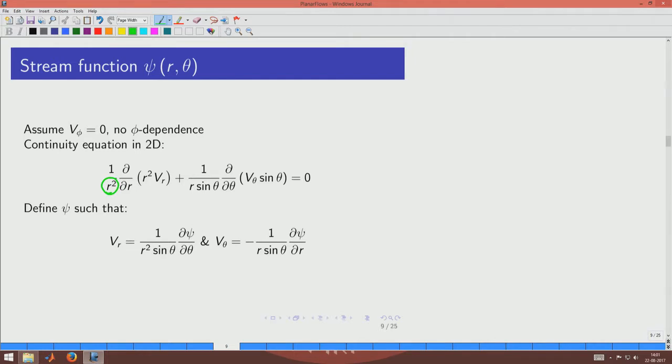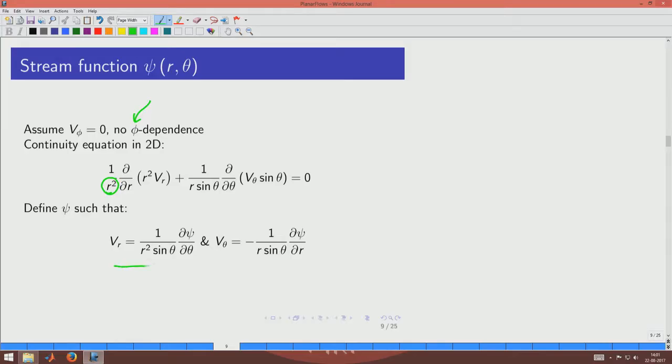And for the continuity equation in a spherical coordinate system where the phi dependence is lost, we can see it as a 2D flow, and the continuity equation is given with two terms. So, the stream function in a spherical coordinate system can also be defined in this manner, and these two are the expressions that we use to generate the fluid flow components in the r and theta directions in a spherical coordinate system.